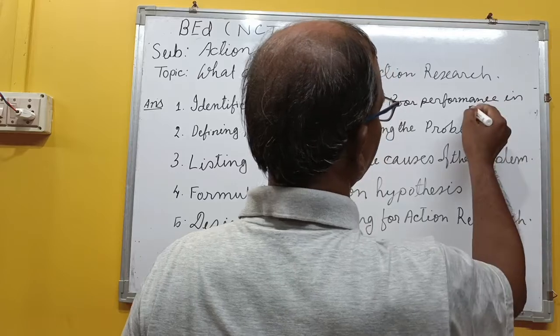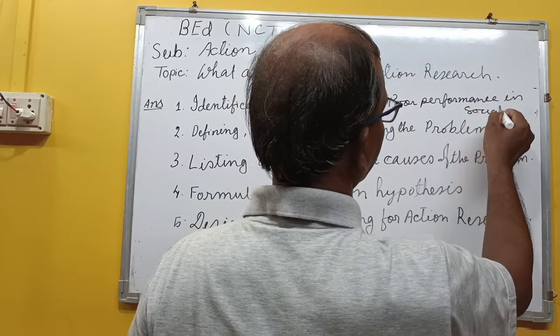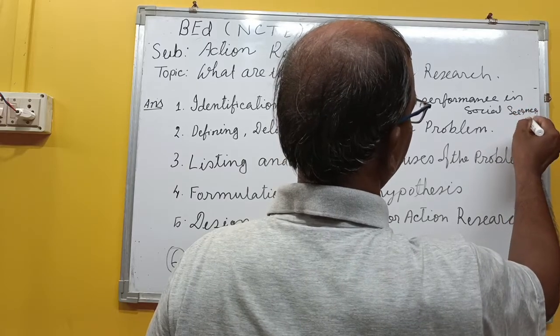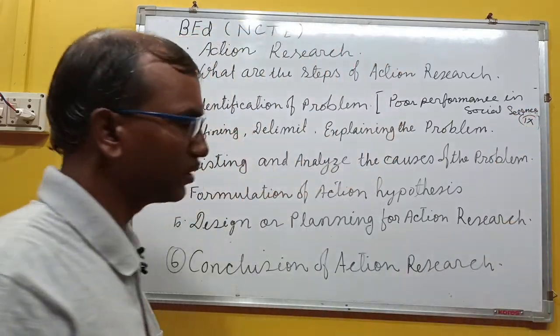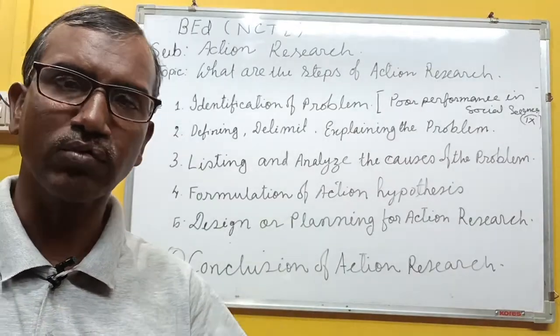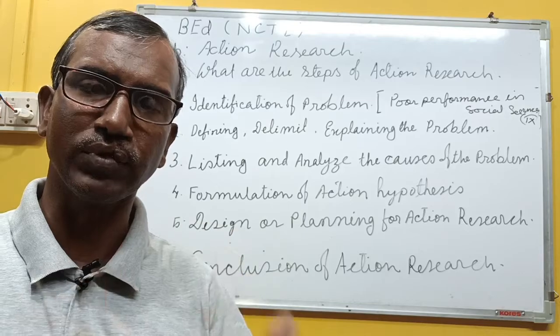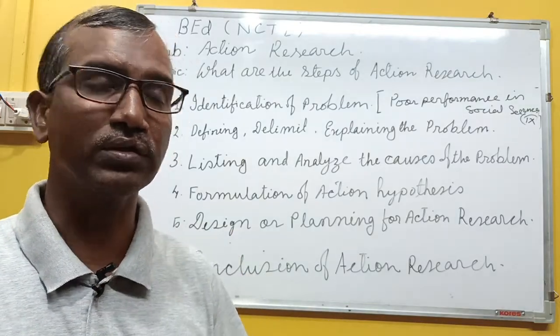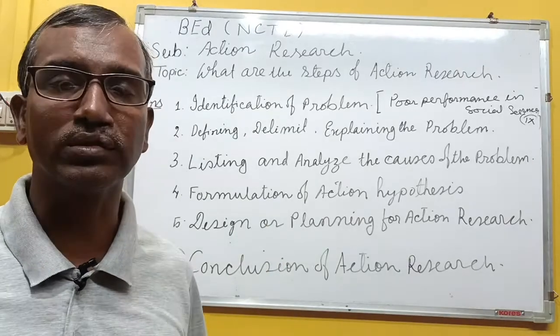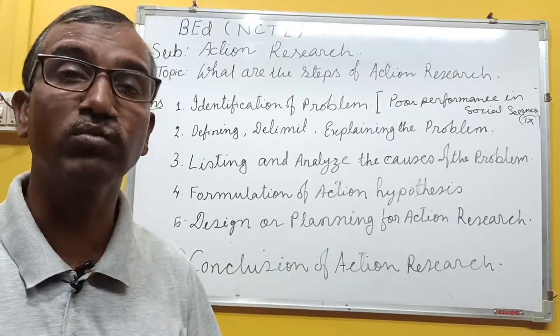Suppose in class 9, children of a particular year, in the whole year, in unit test, in periodic test, in half-yearly test, it is seen that students of class 9 always secure 4 marks.